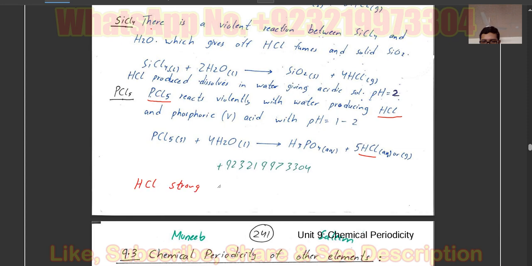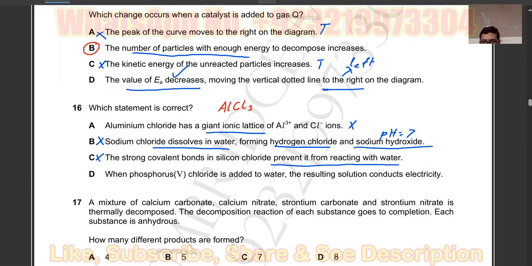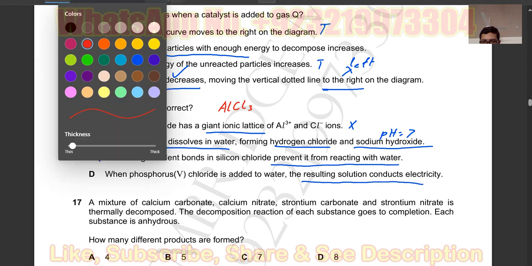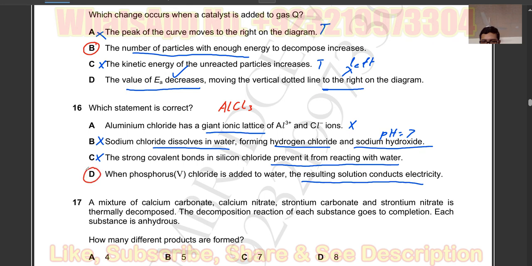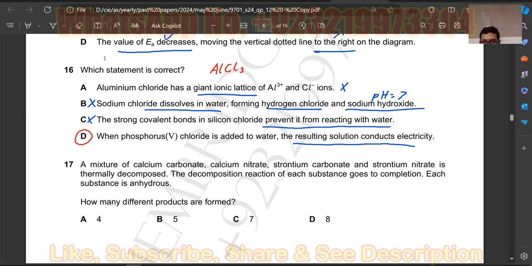Being a strong acid, it completely ionizes in water to produce hydrogen ions and chloride ions. Because of the formation of these positive and negative ions, it can conduct electricity. So, for this reason, the resulting solution can conduct electricity, and as a result, the D option is correct.